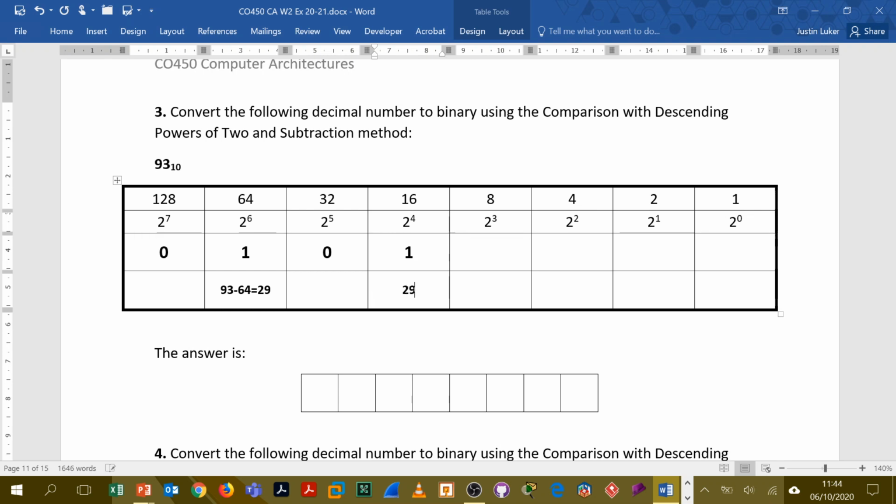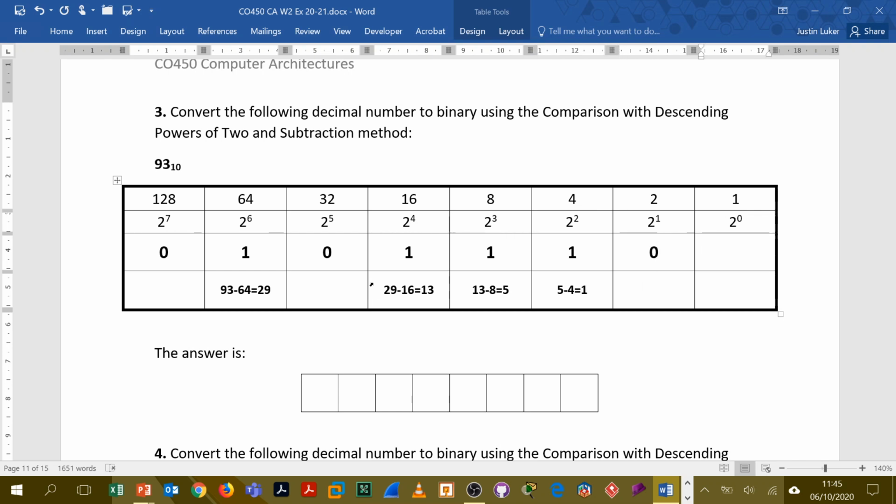So 29 minus 16 will give us 13. 8 also fits within, so 13 minus 8 is going to leave us with 5. 4 fits within that one as well, so 5 minus 4 leaves 1.